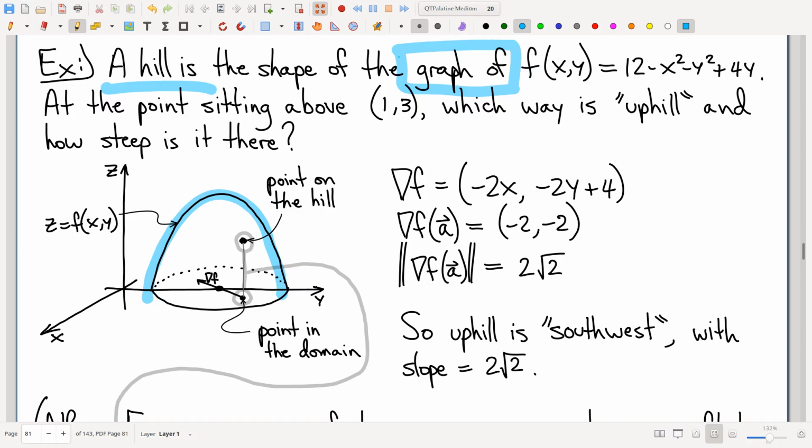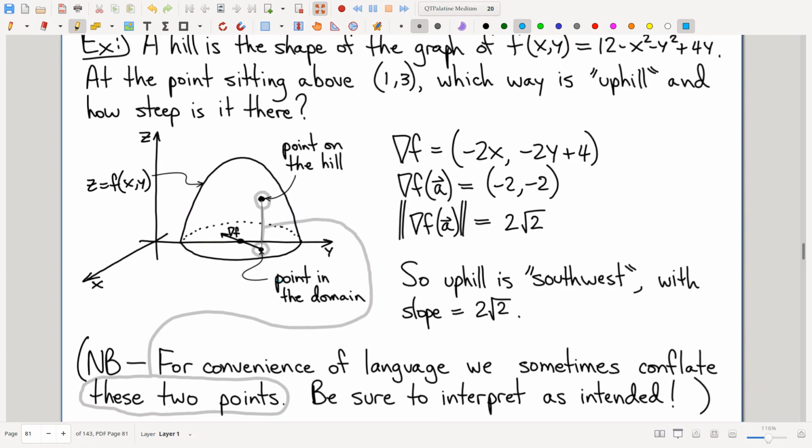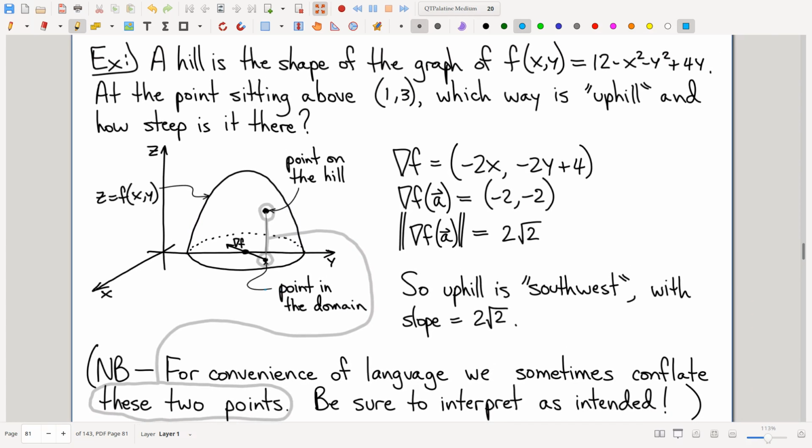All right. Now there is a subtle point of language we've got to be careful with. Let me start with something relatable. When you talk about your location, you're out on a hike, and you want to describe your location to the forestry service people. You broke your leg, they're going to come get you.